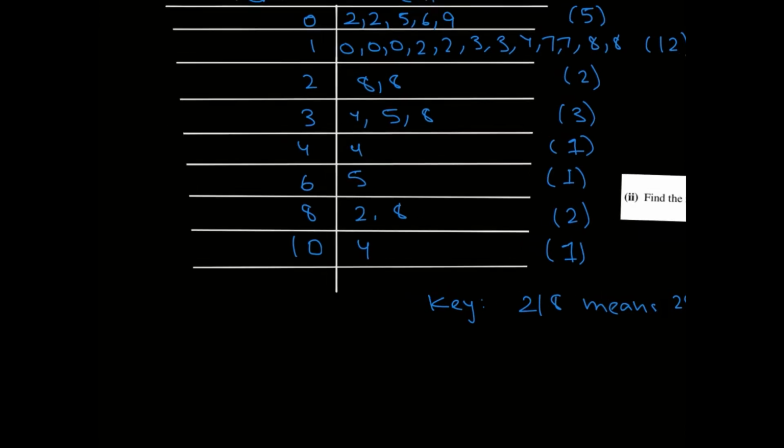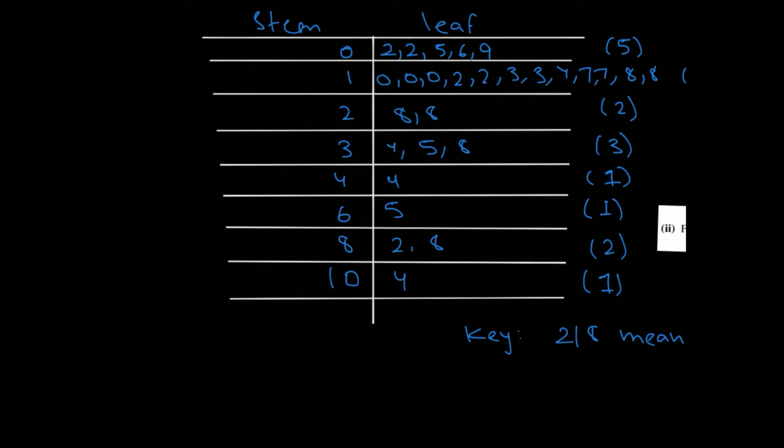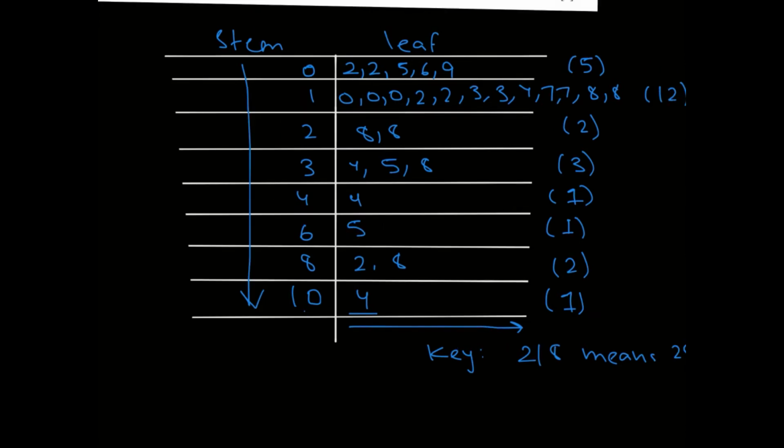You just have to make sure that in a stem and leaf diagram, the stems are arranged vertically and the leaves are arranged horizontally, with the smallest leaf being closest to the stem. So this is the smallest leaf for 10, so it's closest to its stem. In the same way, since 82 is smaller than 88, the 2 will be closer to the stem than the 8.